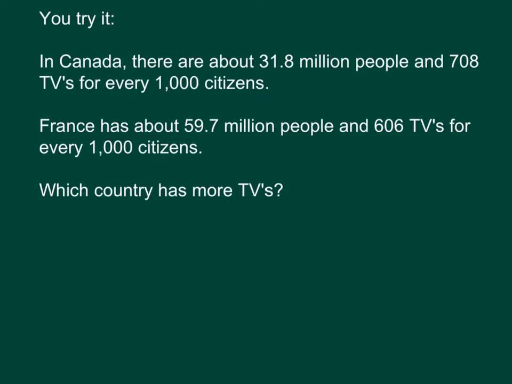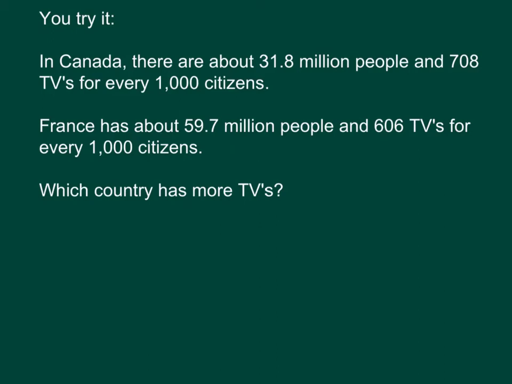Now I want you to try it. I want you to pause and copy down these two problems. The first one, in Canada, there are 31.8 million people and 708 TVs for every 1,000 citizens. France has about 59.7 million people and 606 TVs for every 1,000 citizens.